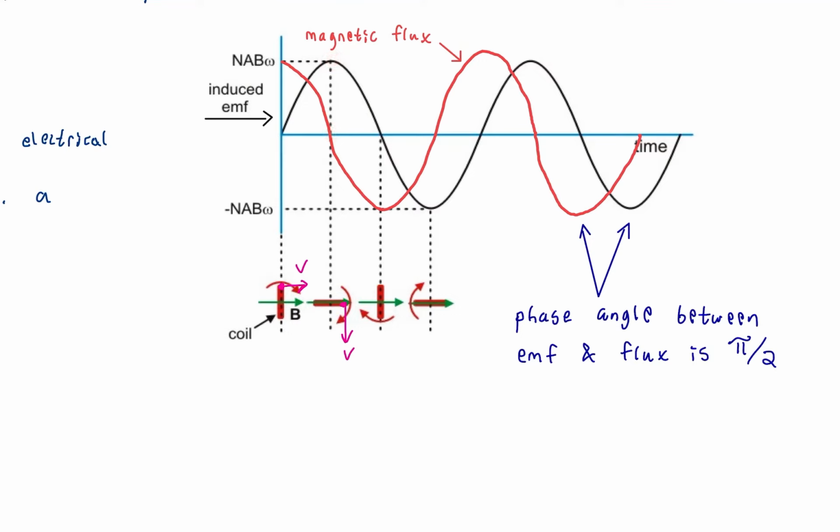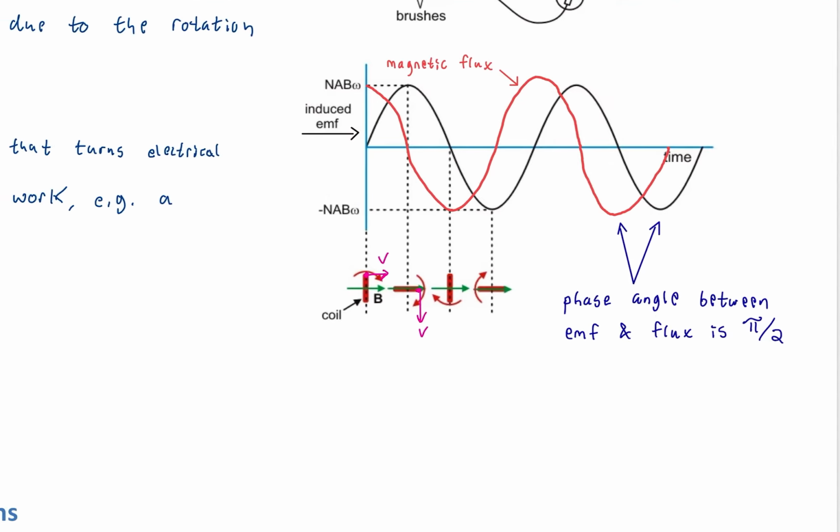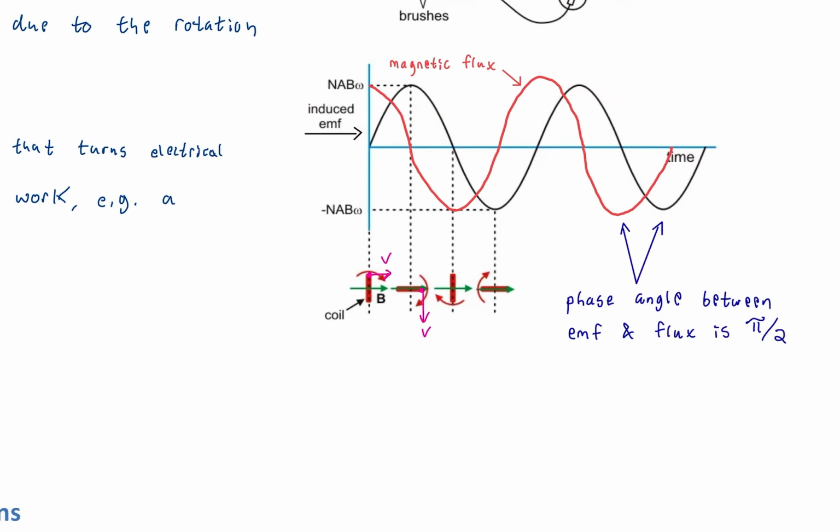So that's what we see, is that they are out of phase by pi over 2 radians, or a quarter of a full rotation. So they're always 1/4 rotation out of phase, the magnetic flux and the induced EMF. Okay, and that is true for both motors and generators. The principle holds for both.